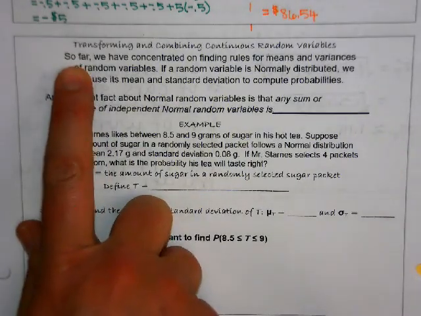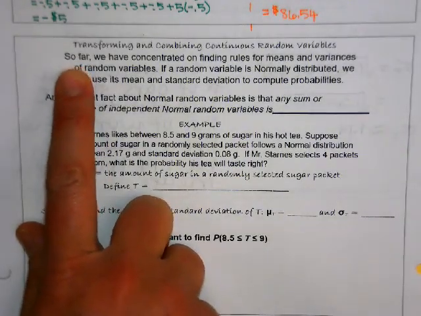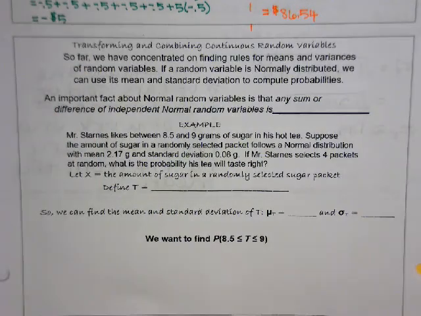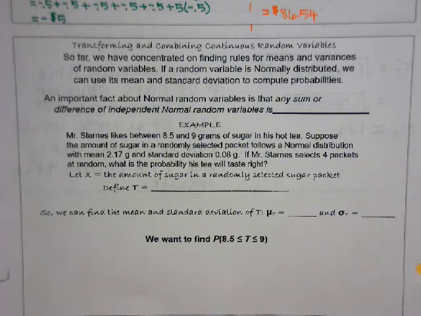So far, we have concentrated on finding rules for means and variances of random variables. If a random variable is normally distributed, we can use its mean and standard deviation to compute probabilities. An important fact about normal random variables is that any sum or difference of independent normal random variables is normal.